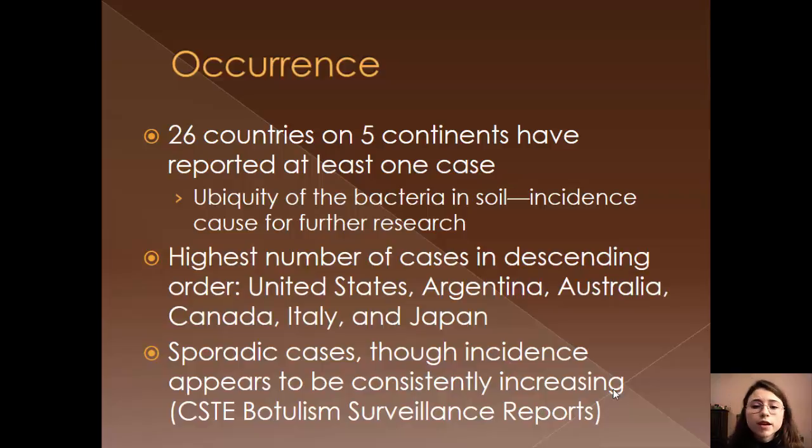Again, there have been sporadic cases. Consistently, there have been increased reports. However, most of these do not ever go above the level that we would expect. Often, in the U.S. at least, we expect at least 2 cases of infant botulism for every 100,000 live births.